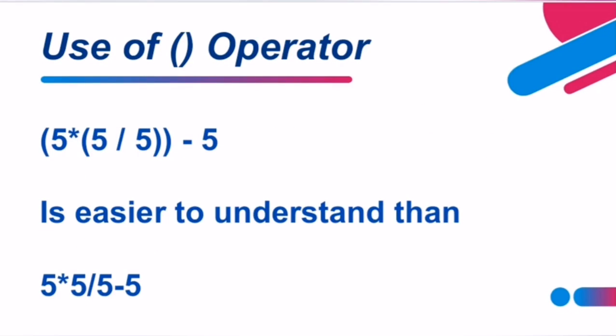Also make a habit of using parentheses to solve expressions. It makes your code easier to understand. For example, here you can see both expressions, and the one with parentheses is easier to understand than the normally written expression.